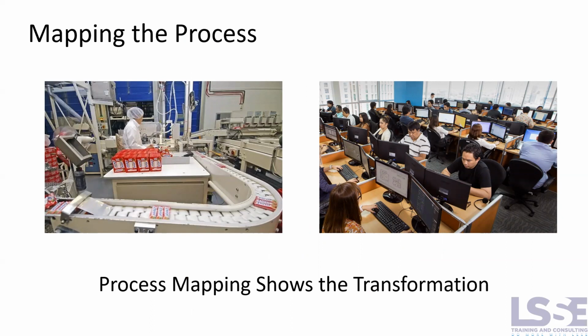I'll give an example of why a process map is quite important, especially in the service industry. I have experience working in a manufacturing environment, where it is really quite easy to see the transformation. For example, I used to work in a chewing gum company, and when I went to the manufacturing plant, I could really see how the chewing gum is transformed.